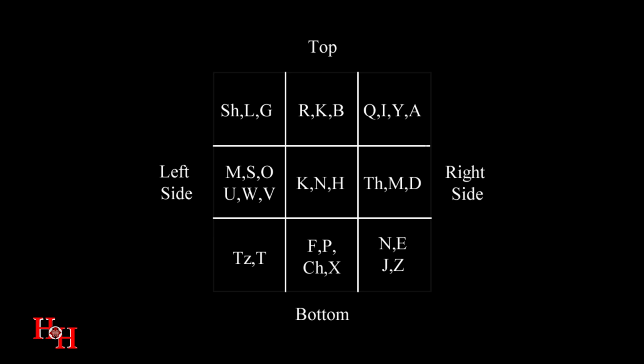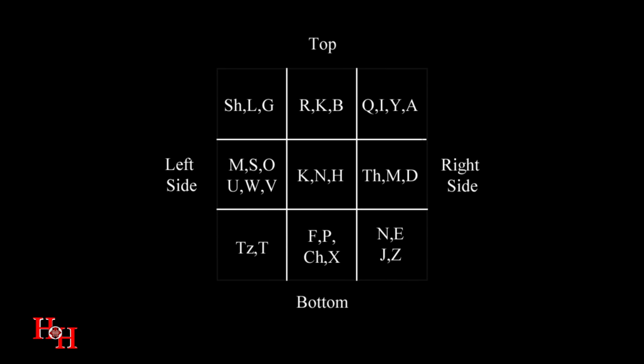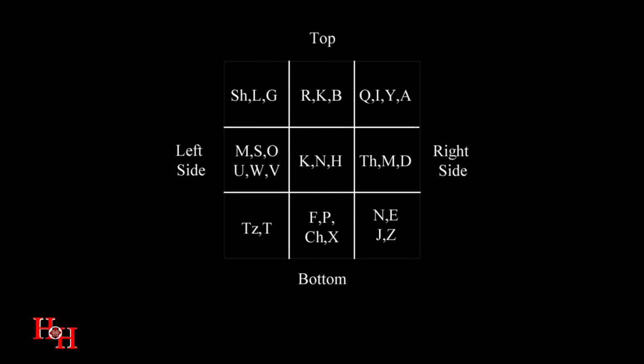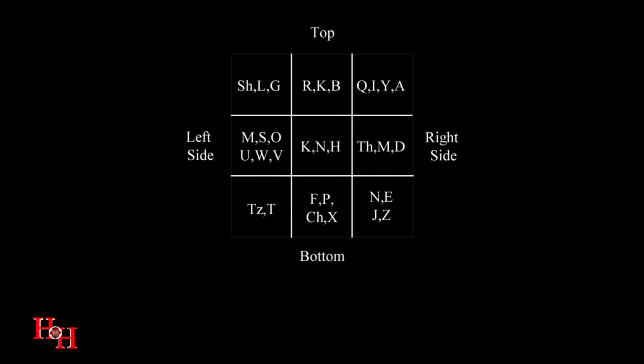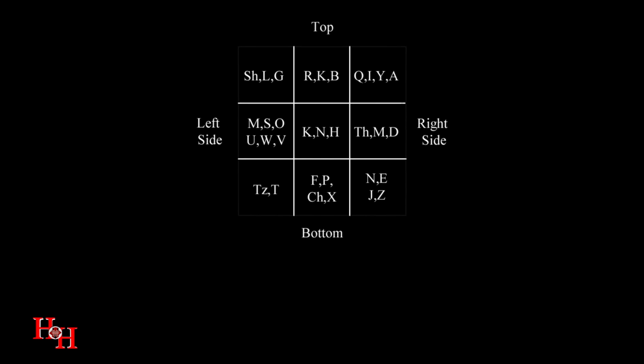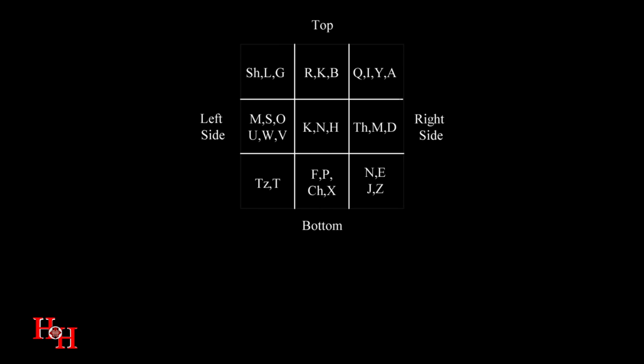And depending upon what character of the letter that we are using falls in, represents the shape of the square that we will be using. So, for example, again, we're using the word sigil to create this particular design.